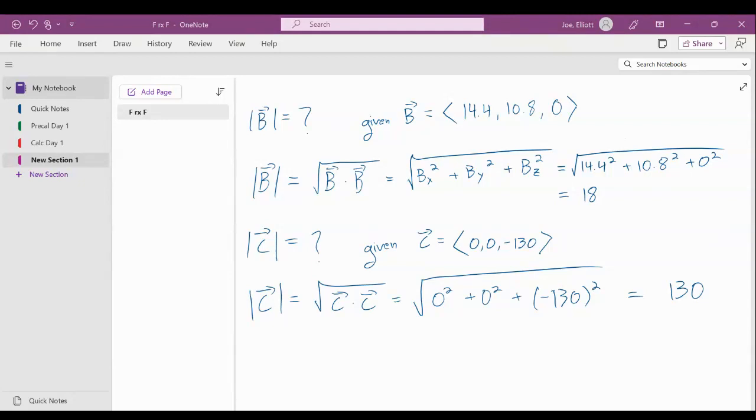I wouldn't think too hard about it. I would just accept that it's been defined because it has a very useful geometric interpretation.